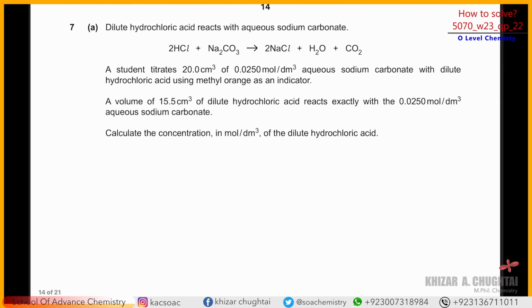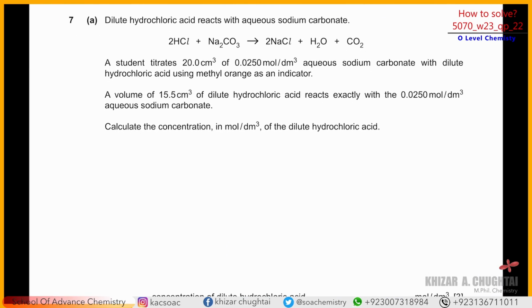Question number 7: dilute hydrochloric acid reacts with aqueous sodium carbonate, and here is the equation. 2 mole of HCl is going to react with sodium carbonate to give 2 mole of NaCl, 1 mole of H2O and 1 mole of CO2.